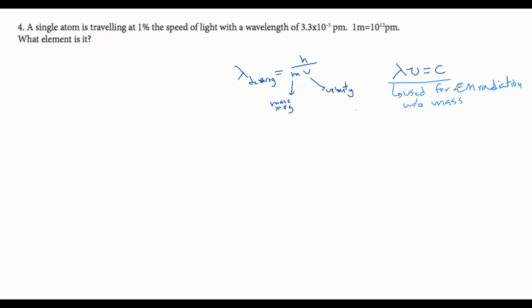The second, though, you have something with mass, you can no longer move at the speed of light, which is why we have velocity here instead of c, the speed of light. So you want to use the de Broglie wavelength formula for anything with mass.